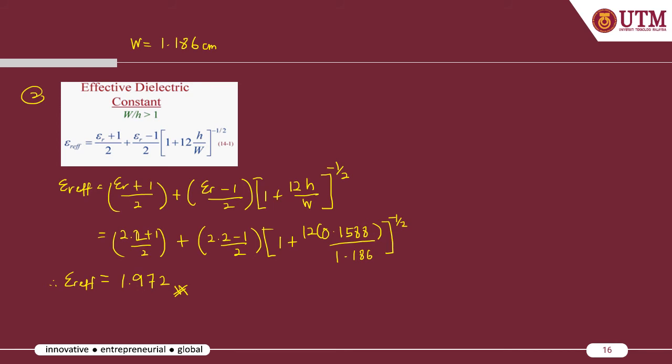Okay, next you need to get the delta L, the extension of length due to the fringing effect.